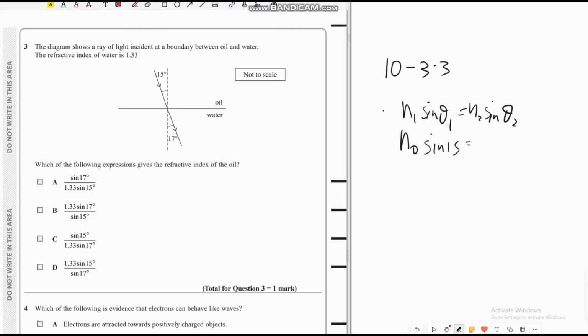So n_oil sin 15 equals n2, the refractive index of water, which is 1.33, into the angle inside water, which is 17, so sin 17. So I get the refractive index of oil as 1.33 into sin 17 divided by sin 15. So the answer for question number 3 is answer B.